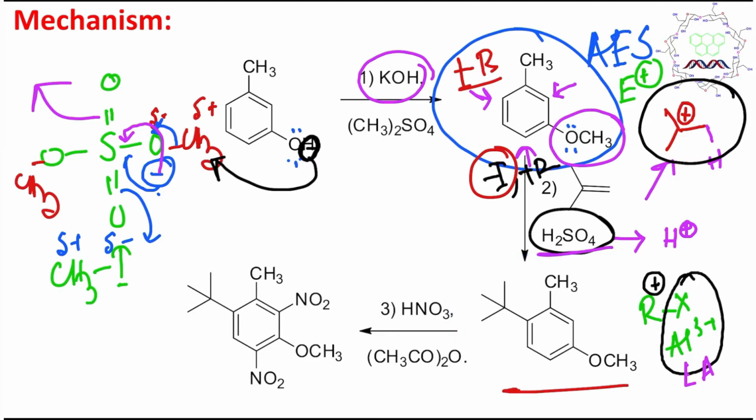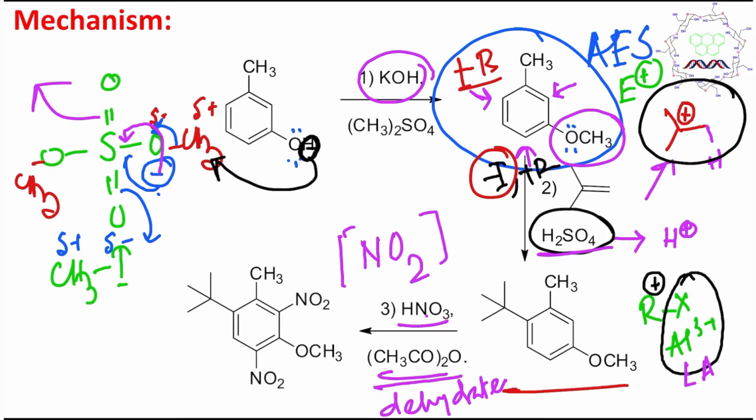Now, in the next step, what happens? The reaction is nitric acid, acetic anhydride. Students, acetic anhydride is actually a dehydrating agent. So it dehydrates the nitric acid and produces this NO2 plus, the nitronium cation, and this is actually the electrophile, and itself gets converted into, if you add water to acetic anhydride, then what will it produce?